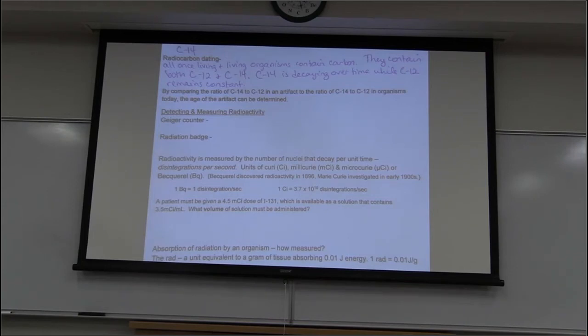The carbon-12 is stable, so it is not decaying, but carbon-14 is decaying. By comparing the ratio of carbon-14 to carbon-12 in an artifact to a living organism, they get a relative age.